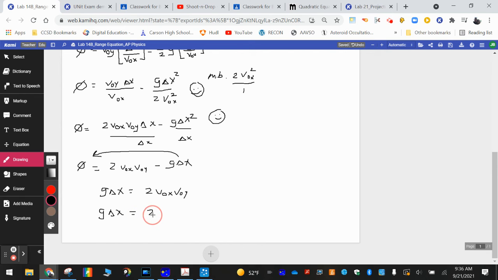I think some people who are math savvy can kind of see where this is going. VO, right? This is gonna be cosine of theta. This is going to be VO sine of theta. Okay. All right. So let's kind of do some simplification here. G delta X here. I'm going to put VO squared out here real quick.